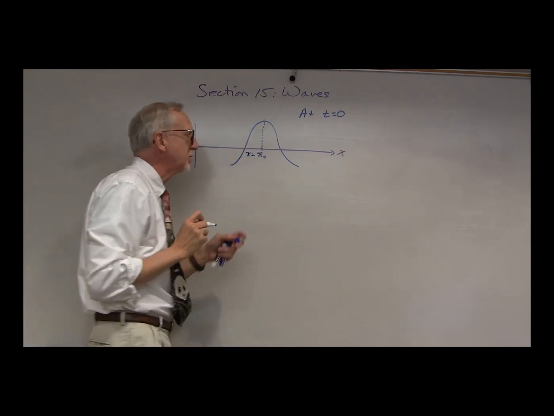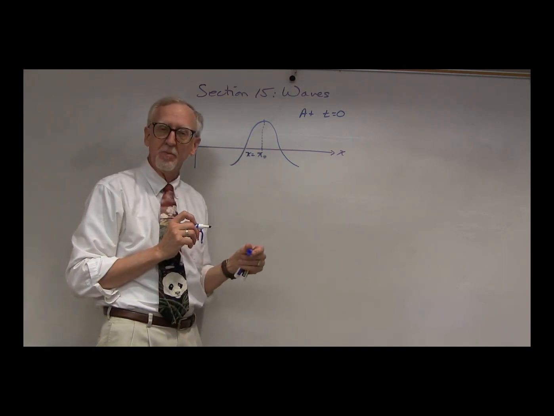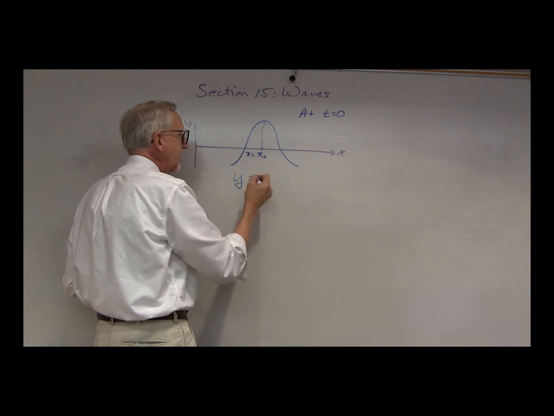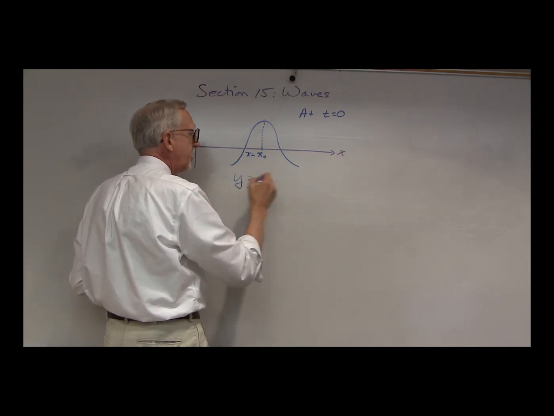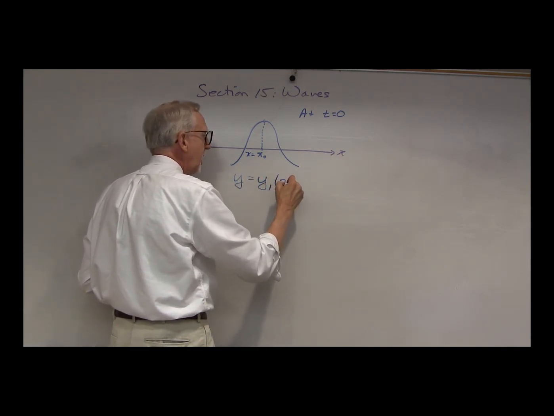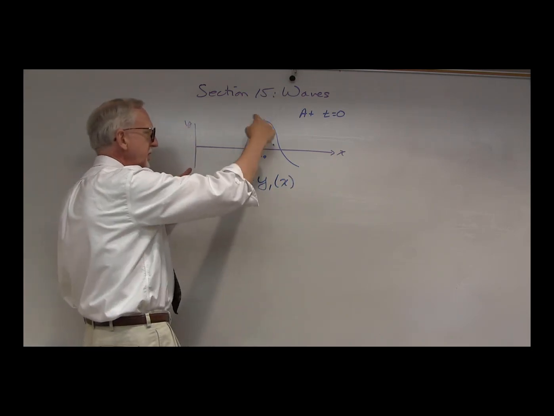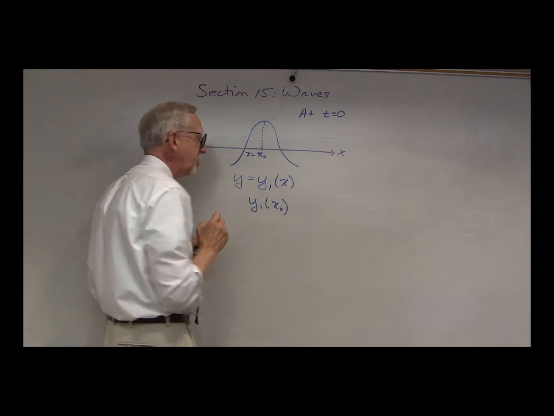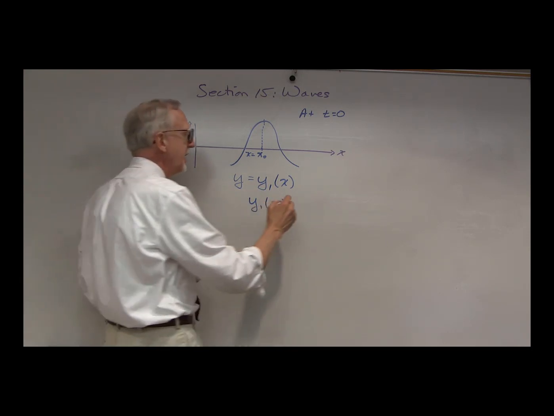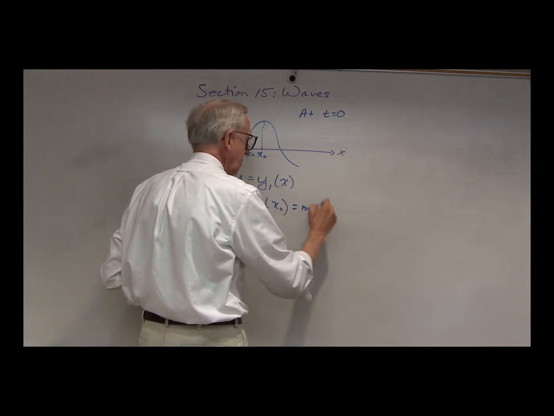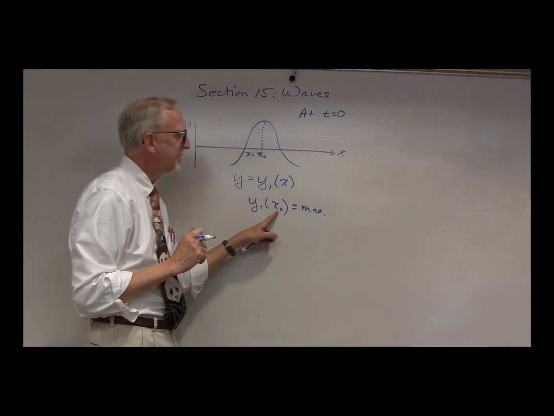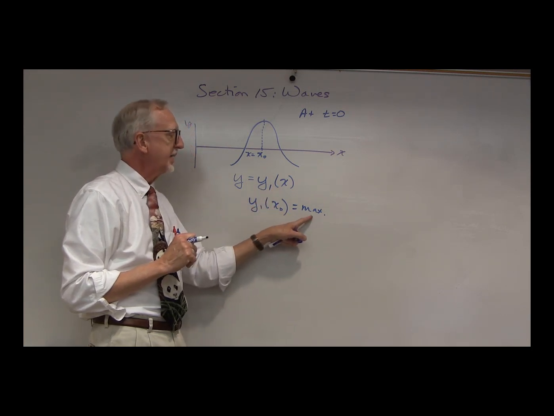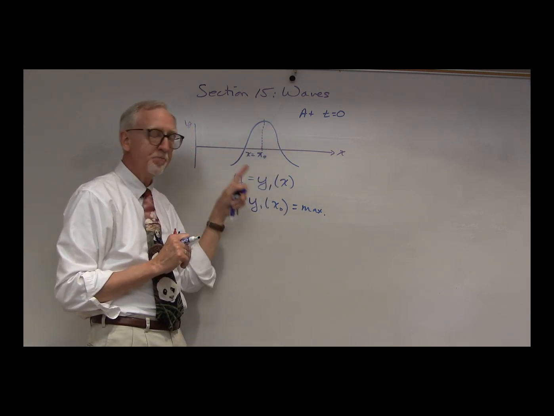So this is x equals x naught, and we get some maximum value. Let's imagine that this function we could say is y is some function y1 of x. And we know that y1 when x is equal to x naught, in other words, y1 of x naught is a maximum. So when we stick in x naught into our function y1, that's when we get this maximum value.